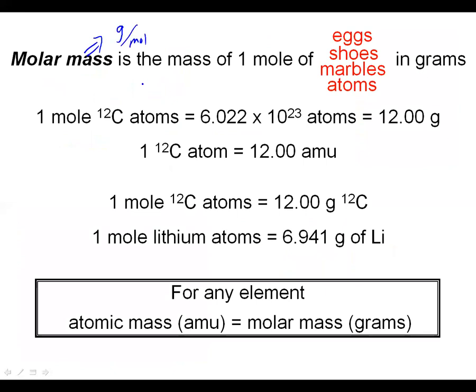When we find the molar mass, it is essentially equivalent to the atomic mass that we find for a particular element. Molar mass is the conversion factor that we use to go from grams to moles or moles to grams, and that obviously is a conversion factor that we use a lot in chemistry.